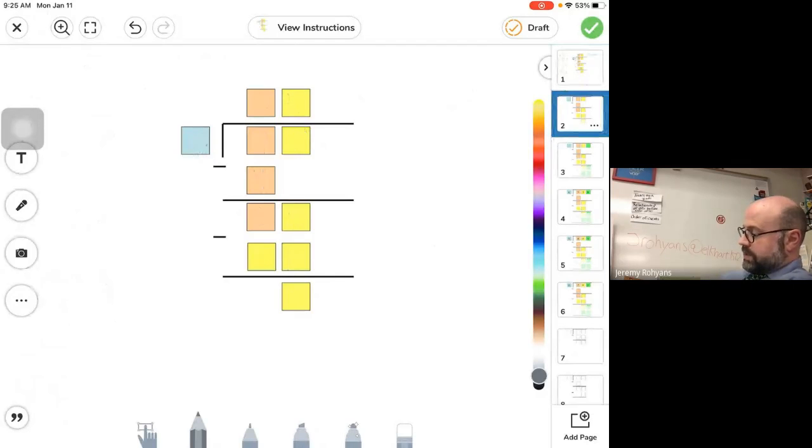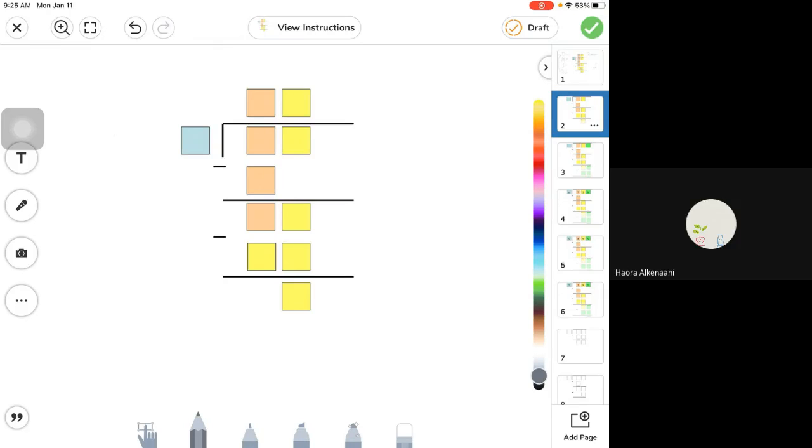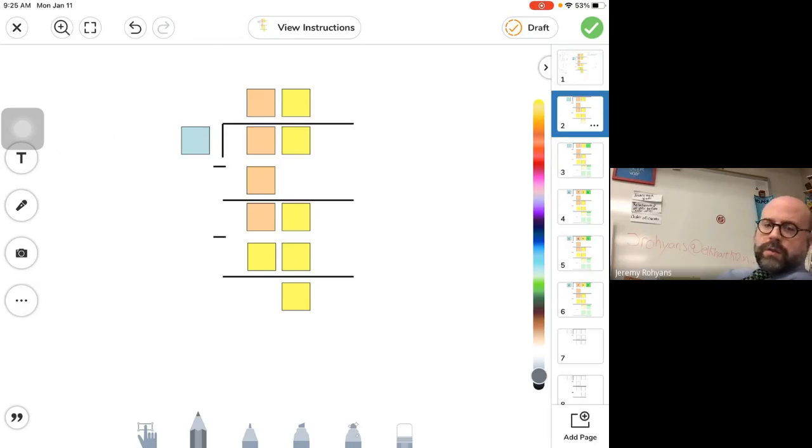So what I want you to do now is on the second page. Were we supposed to do the first page? No, you didn't have to. I want you on the second page. Here's what we're going to do. I'm going to give you this one. You're going to screenshot it and upload it to this activity, but you're not going to submit this.